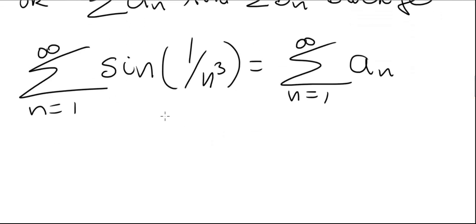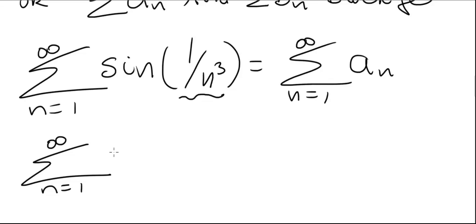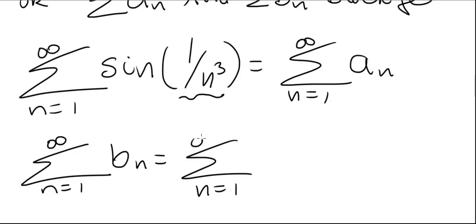Here, when we have a sine or tangent of something like this, we're going to let the b sub n series be whatever is inside the sine. So the choice for the summation n equals 1 to infinity of b sub n, in this case, is the summation from 1 to infinity of 1 over n cubed, which is a known series. This is a p-series.